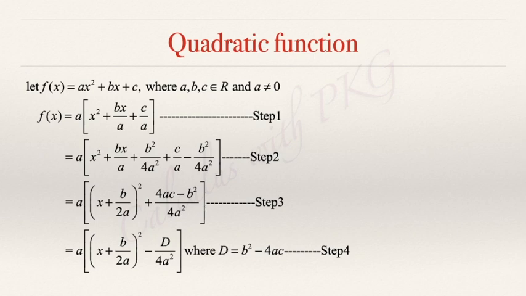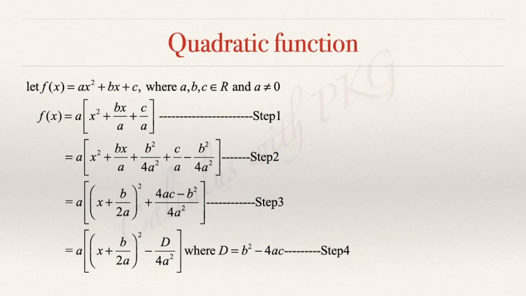Now the first 3 terms in step 2 complete to form a perfect square, and the last 2 terms in the second step after taking LCM become 4ac minus b square by 4a square, which is shown in step 3.